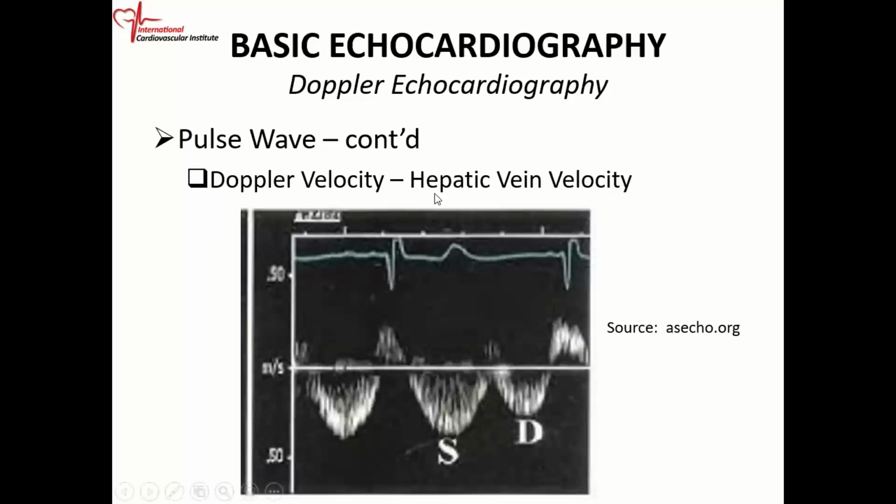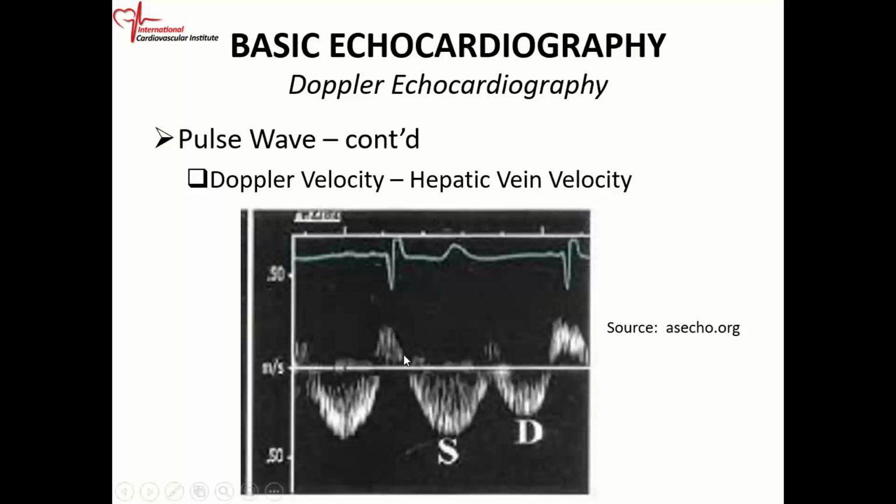Okay, so the hepatic vein flow, your subcostal view. If you remember your subcostal view, you have the inferior vena cava. Joining the inferior vena cava, you have the hepatic vein, and it's going to move away from the transducer.